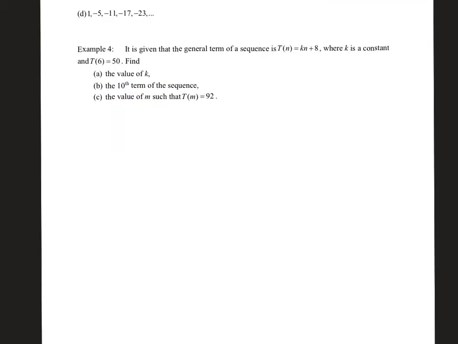Next, we come to some examples talking about sequence questions. Let's start with number 4. Number 4 gives you a general term of such a sequence, Tn is kn plus 8. Please make sure that there are 2 letters. One is k, a constant. Or sometimes you can say that it's an unknown that you're going to find.